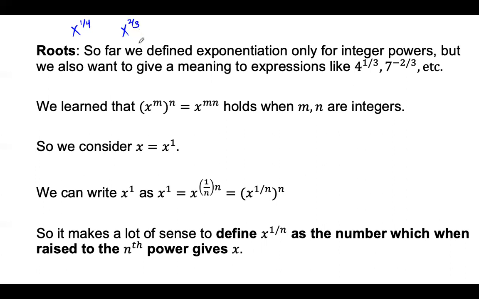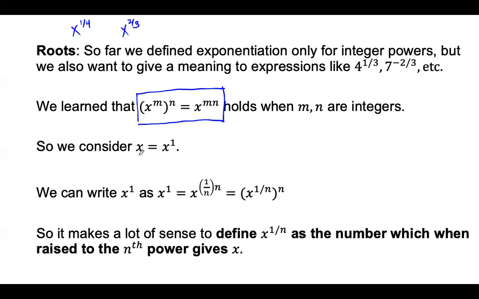So we want to understand roots essentially. We learned in the previous slide, the summary, that x to the power m to the power n is equal to x to the power m times n. So this is very important.